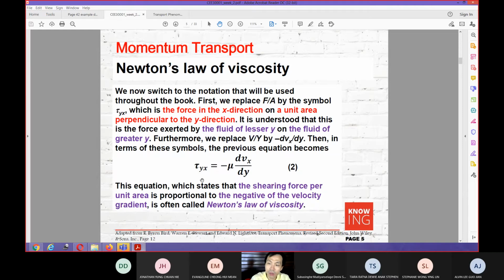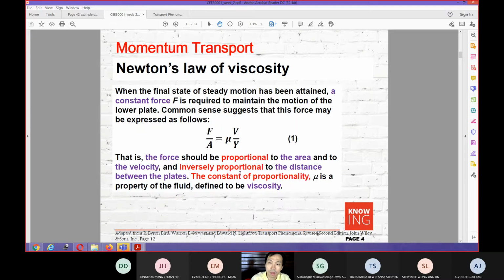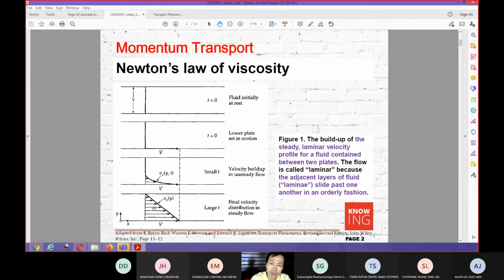So in terms of the symbol, then you can convert it into this one, and we want to make it much more specific. So this Vx in here basically defines the velocity in the x direction. Okay, and then dy in here refers to the distance between the plates, to any distance in between here.